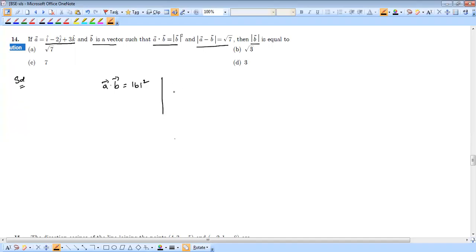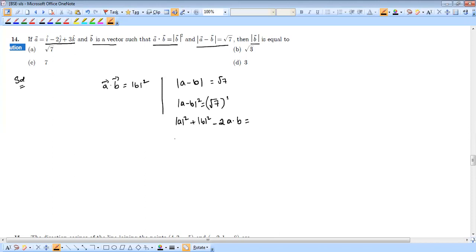And also it is given that modulus of A minus B vector is root 7. Squaring on both sides, modulus of A minus B whole square is equal to 7, which will be modulus A square plus modulus B square minus 2 into A dot B, which is equal to 7.